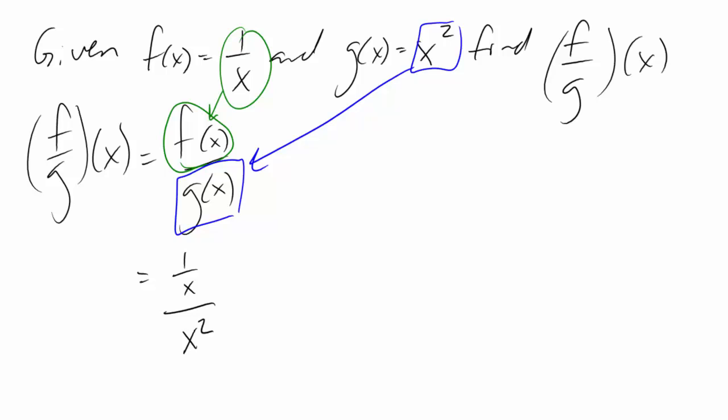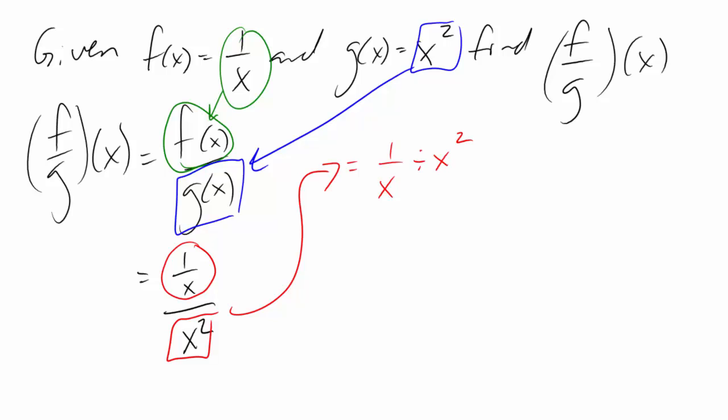Now, in and of itself, this is a perfectly legitimate expression, but it is not particularly friendly. So what we're going to do is continue to simplify this down some more. The way we're going to do this is by viewing this as a fraction over another fraction. So we're going to have 1 over x, that's the numerator, divided by x squared.